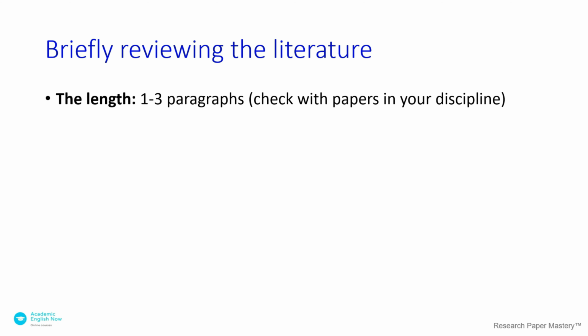It also depends whether you're going to have a separate literature review section, because if you do, then of course the review of the literature in the introduction should be shorter. But it can also really depend on the field. In some medical papers, the literature review is like 1 paragraph and that's it. In other fields, it tends to be a little bit more extensive, even in the introduction.